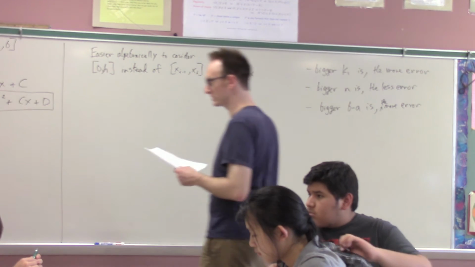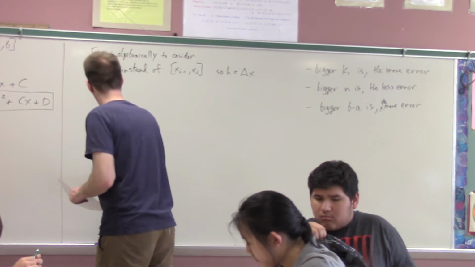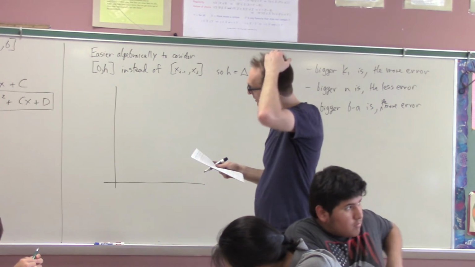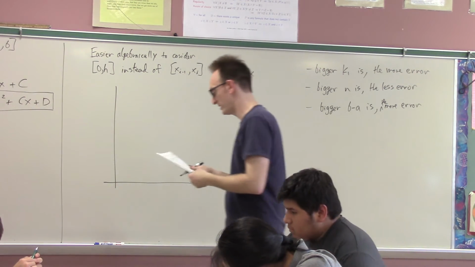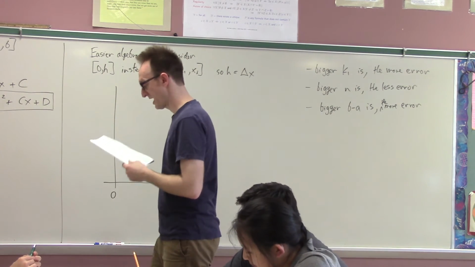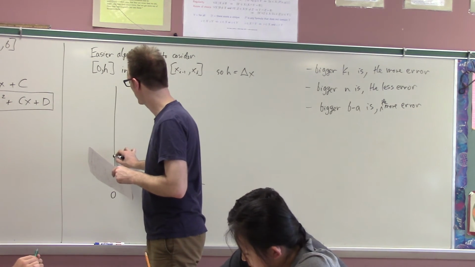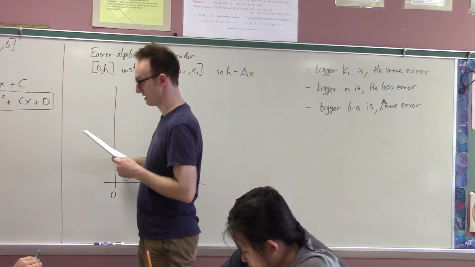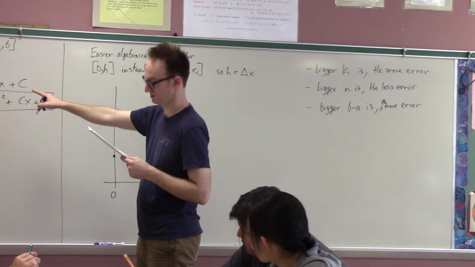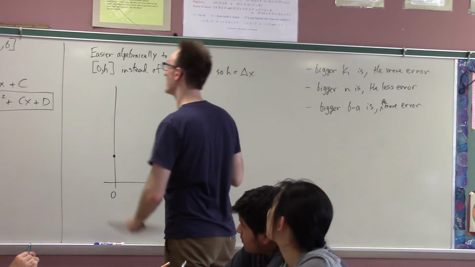What I want to do is look at the error on the ith subinterval. So here is h. Here is 0. Okay, so we have our function.